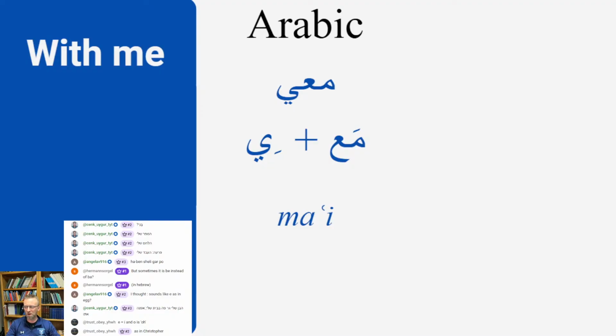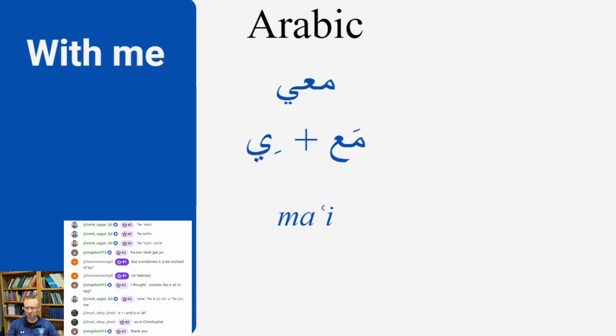One of my former Arabic teachers calls it the choking letter. So this is ma. We represent the choking letter ayin or ain with a backwards apostrophe. No problem, Angela. And that just means that sound. Okay, you got to kind of restrict your throat a little bit. Ma, with me.